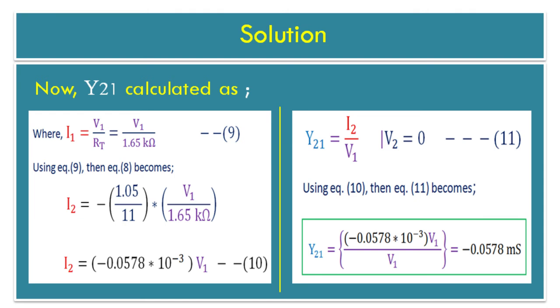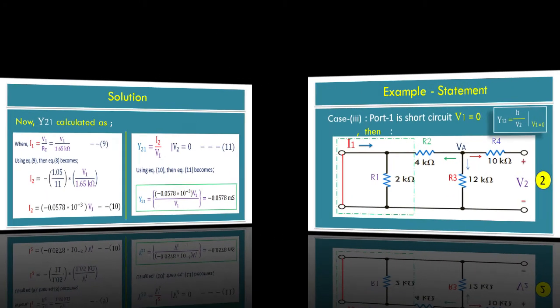Using value of current I2, calculate short circuit admittance Y21 as Y21 is equal to minus 0.0578 into 10 raised to minus 3 into voltage V1 upon voltage V1. We get Y21 is equal to minus 0.0578 millisiemens.